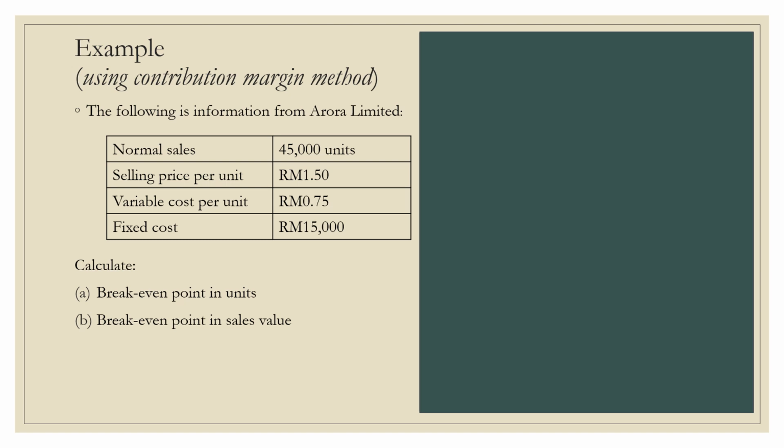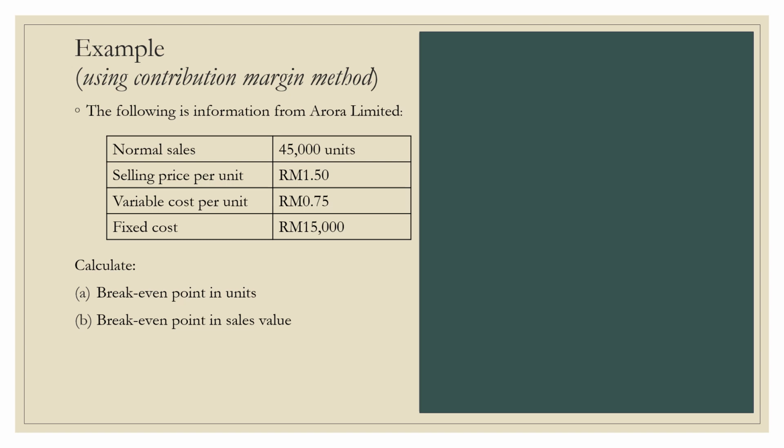The normal sales is 45,000 units, selling price per unit is 1.50, variable cost per unit is 75 cents, and fixed cost is 15,000. The calculation asks you to get the break-even point in units, and second, the break-even point in sales value. Just to make sure that at the end of this calculation you get the same figures as from the first method that we applied previously.